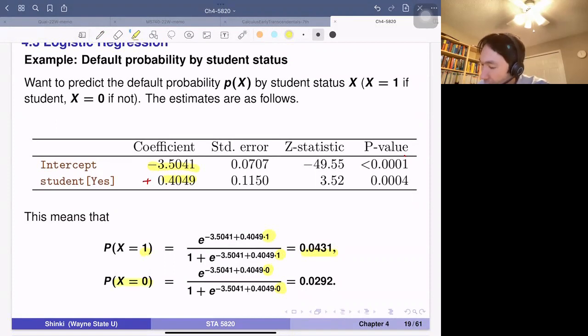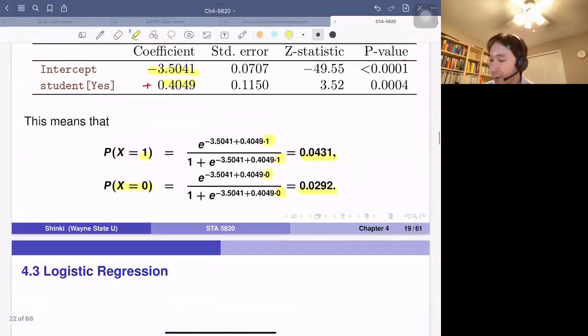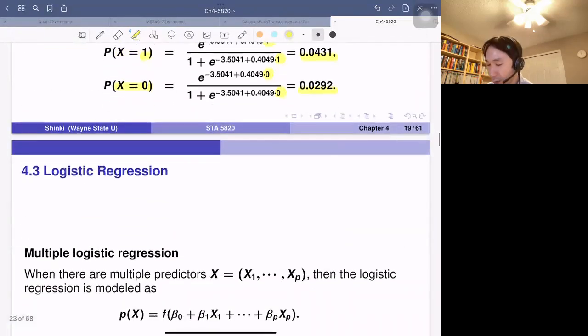If x equal to 0, non-student, the default probability is 2.9%. So we can say that students have a 1.4 percentage point higher default probability. I don't know the reason. Maybe students have lower income, maybe they are younger, or some other reasons. But at least if we only know this information, students have a higher default probability.